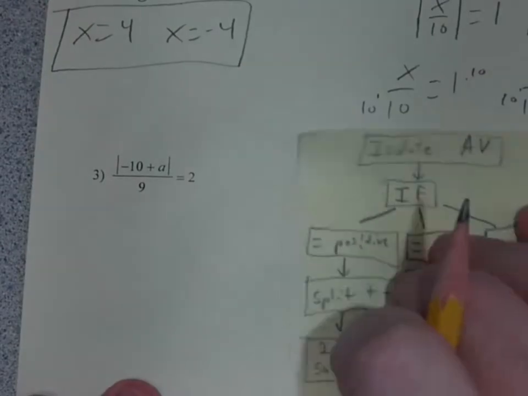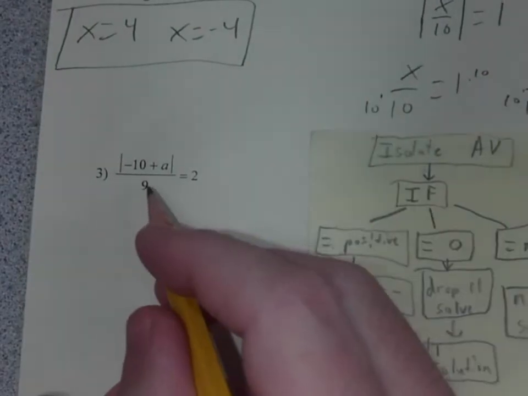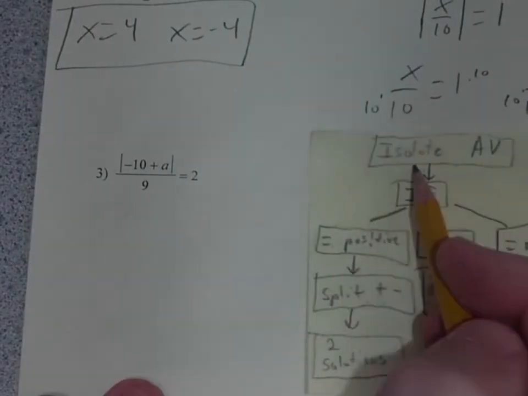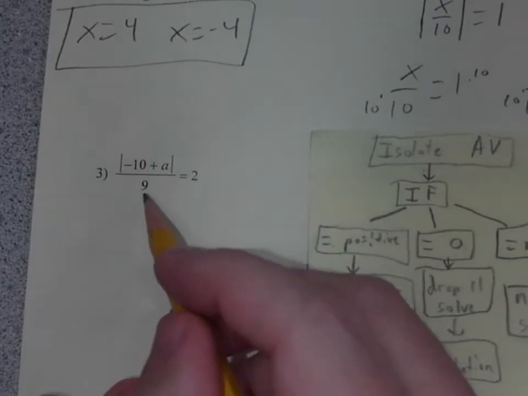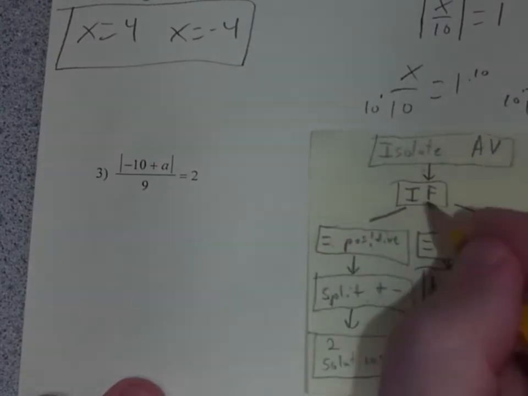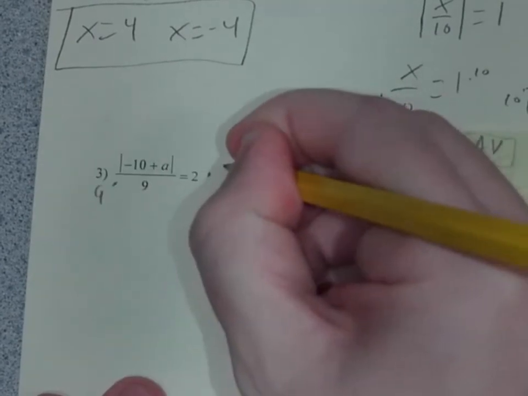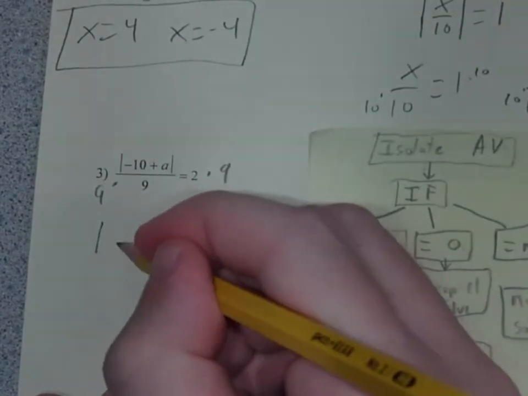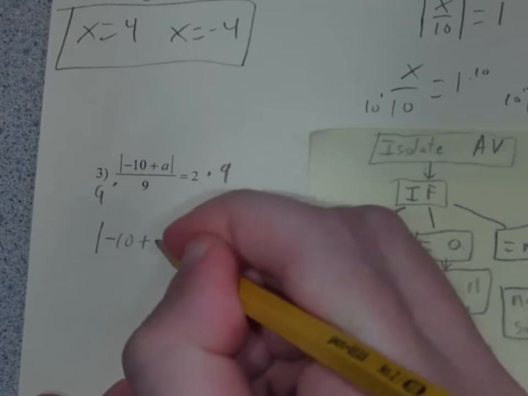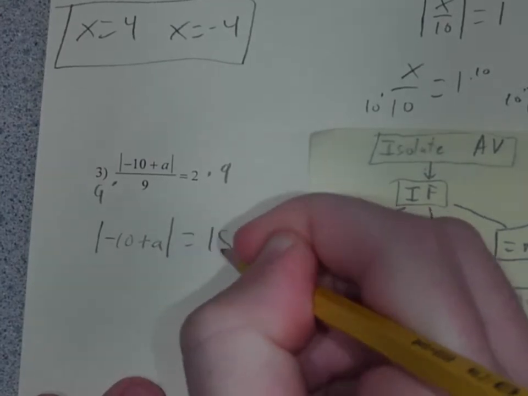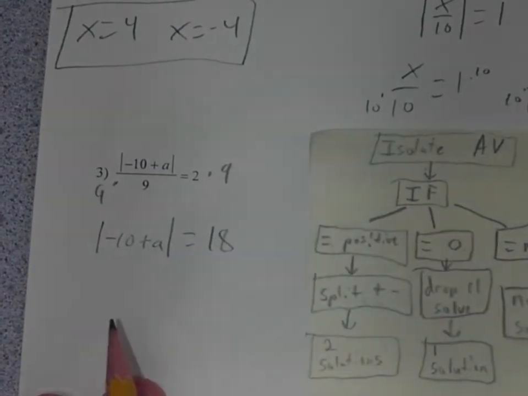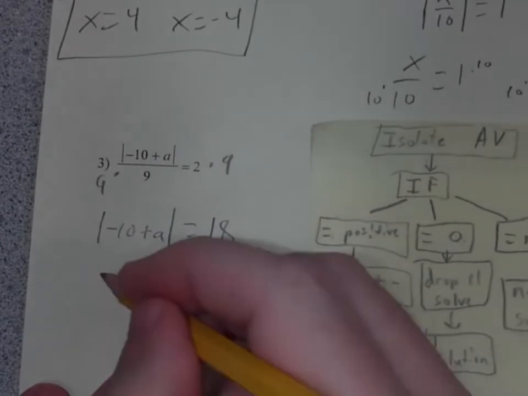So this one, number 3, we actually have something outside the absolute value. So again, first thing is I need to isolate the absolute value. So before I do anything, before I do my check, I have to get rid of that 9. It's dividing, so I'd multiply both sides by 9. Gives me the absolute value of negative 10 plus a is equal to 18. Now we do our check. It's equal to a positive number, so you're going to split it.